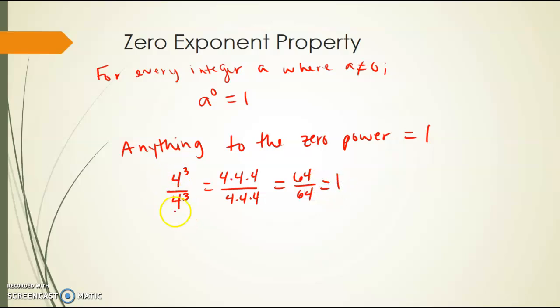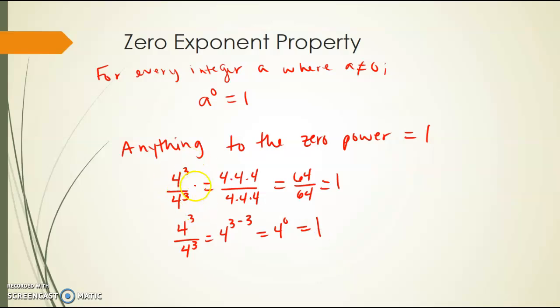I can also use our quotient rule or quotient property, where 4 cubed over 4 cubed would be equal to 4 to the 3 minus 3, which would be 4 to the 0 power. And so then, since these are the same, that means 4 to the 0 equals 1.